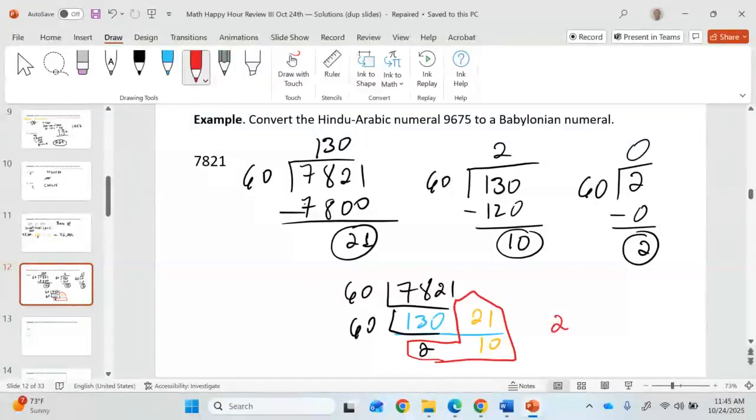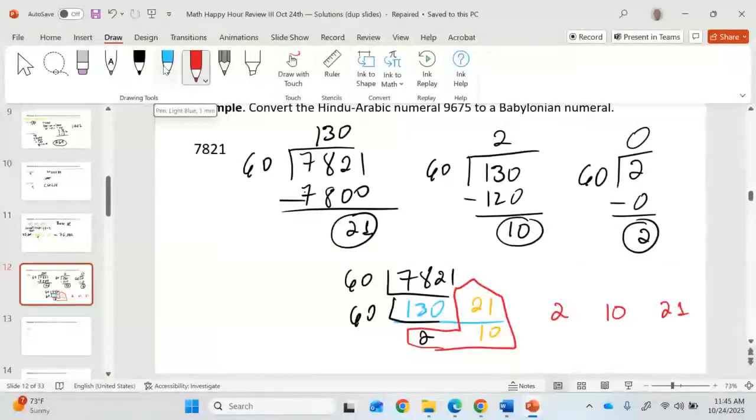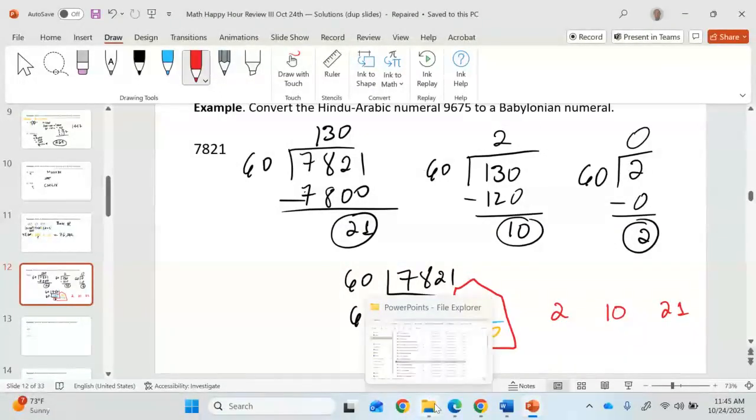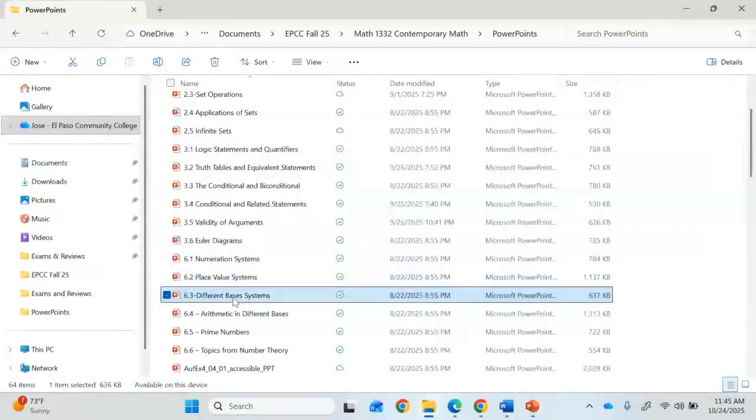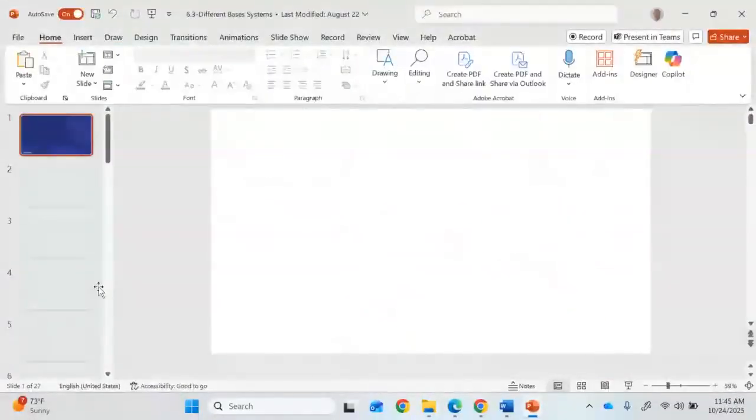I'm gonna write the 2 first, and then the 10 and the 21 last, which in Hindu Arabic symbols, now this is actually in our section 6.3. Let me just show you again what I'm talking about.